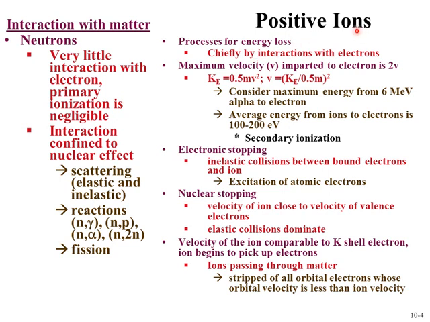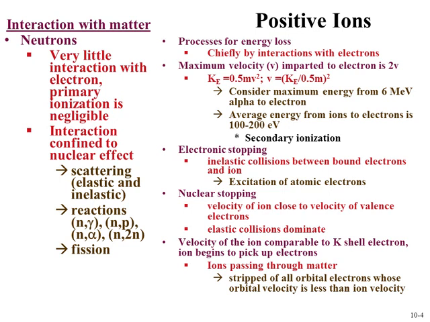If we talk about positive ions, so think of an alpha particle, those processes of energy loss are primarily through interactions with electrons. You can talk about something about a maximum velocity imparted to electrons being twice the velocity. So if you consider energy from a 6 MeV alpha to an electron, the average energy from ions to electrons is on the order of 100 to 200 electron volts.